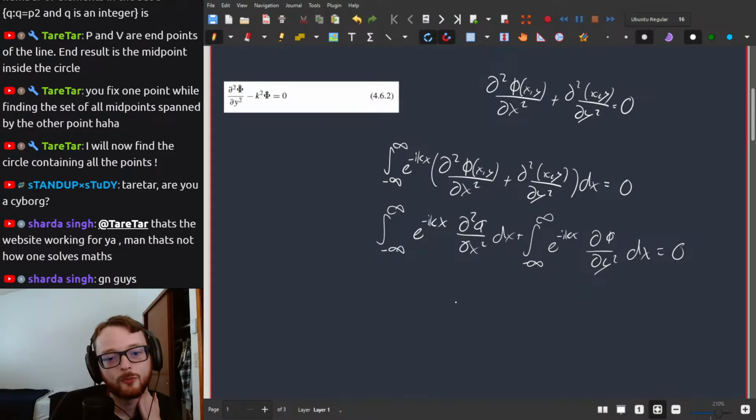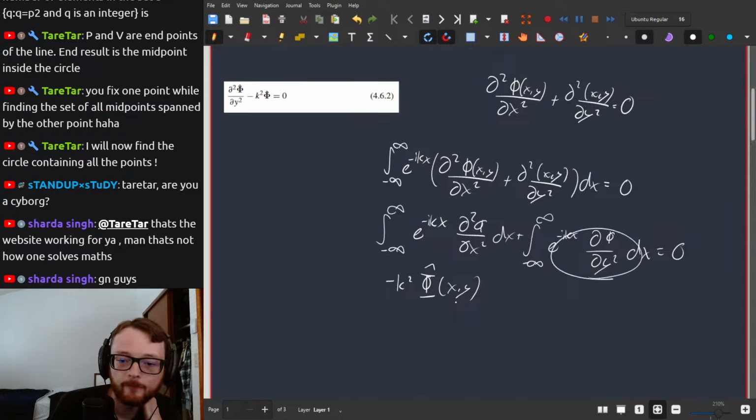Okay, and so this one is the Fourier transform of a second derivative, which is minus k squared times whatever the transform of the non-derivative function is.